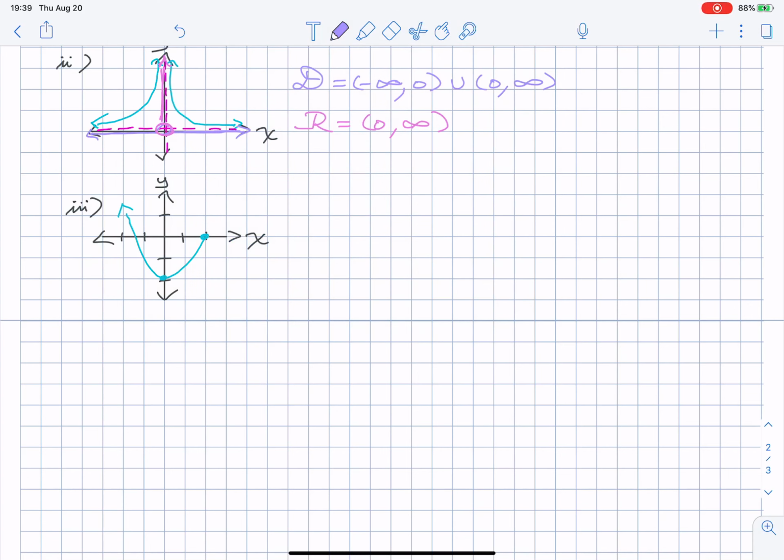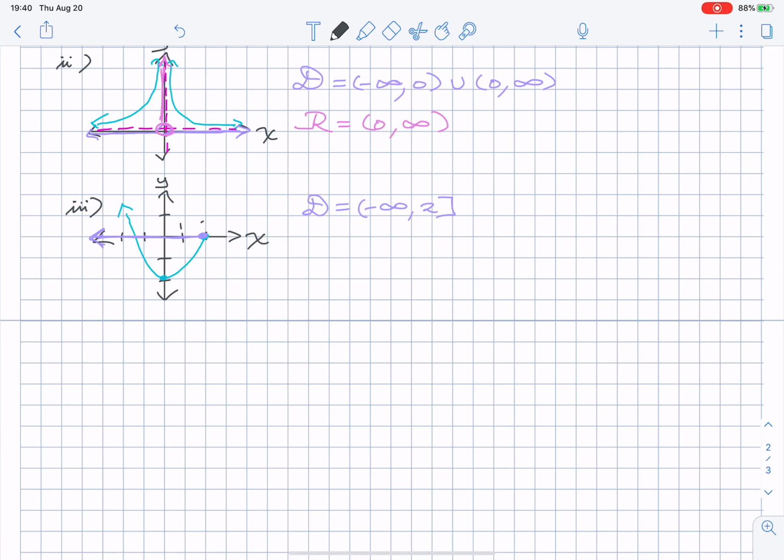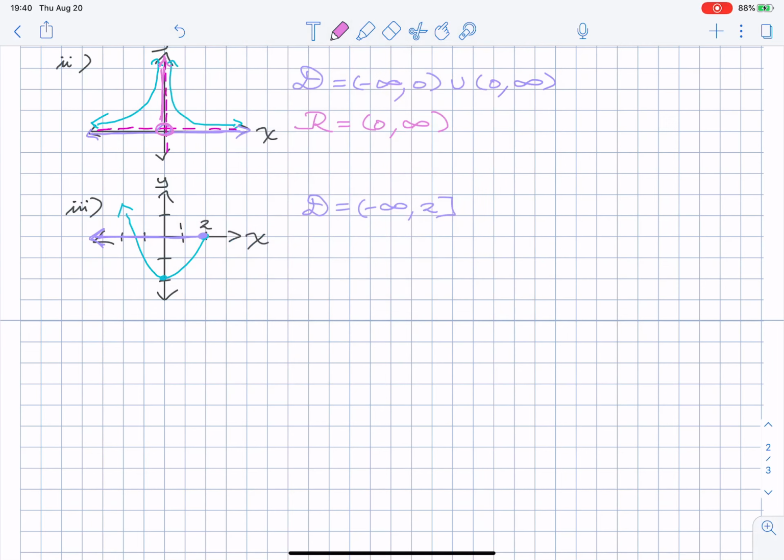If I look at the shadow cast onto the x-axis, I know it's solid, but then it goes all the way to the left forever because of that arrow. So the domain from left to right on the x-axis is from negative infinity all the way up to 2. Because of course this is 1 and 2 on the x-axis. Now let's look at the shadow cast onto the y-axis.